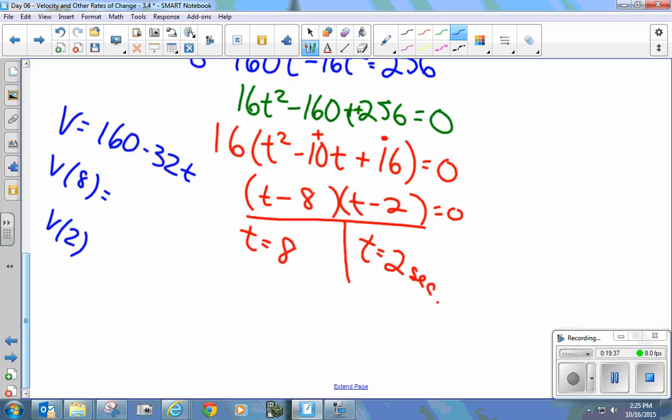So it's 160 minus 32 times 8. And I've got 160 minus 32 times 2. What are those values going to be?